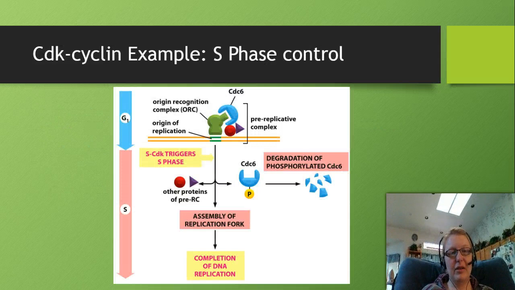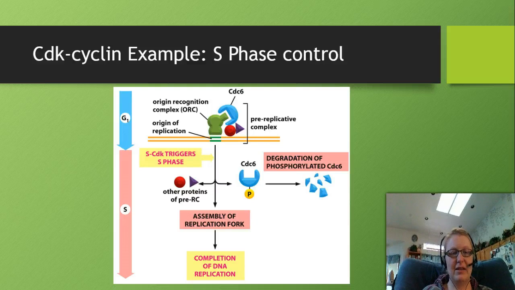Alright, so let's look at a couple examples of how CDK and cyclins work. In this example, we're talking about entering the S phase. So what you can see here is we start out at our origin of replication, and we have that origin replication complex. Remember that big complex of proteins we talked about back in Unit 2. In this case, we have CDC6 sitting on the origin of replication, and this is the pre-replicative complex.